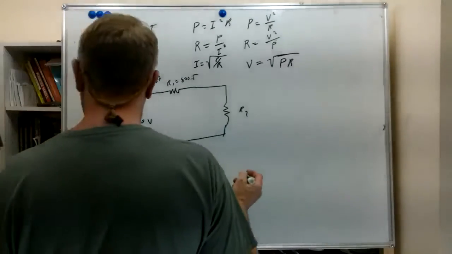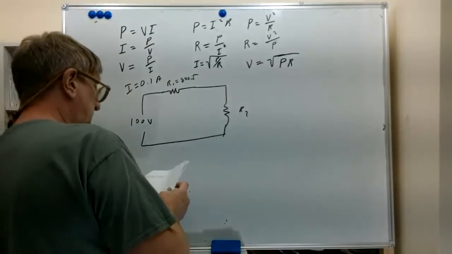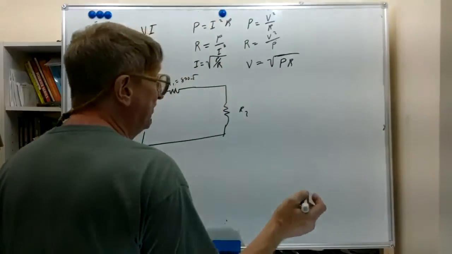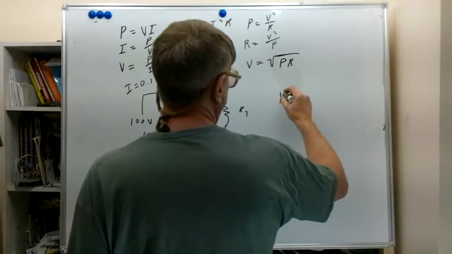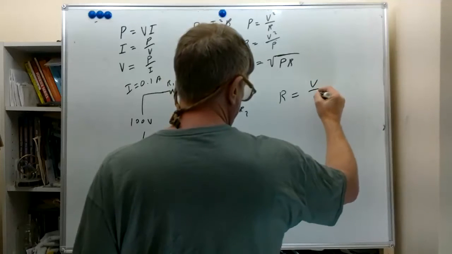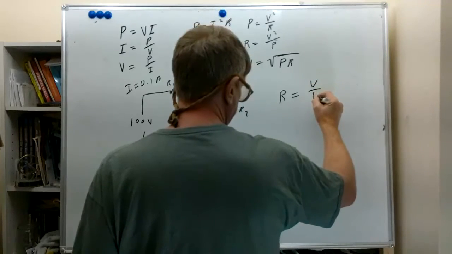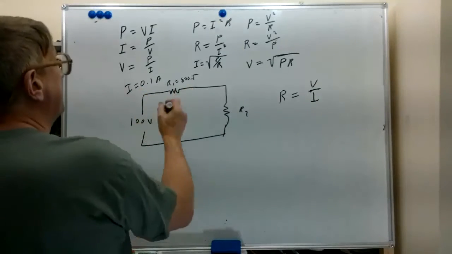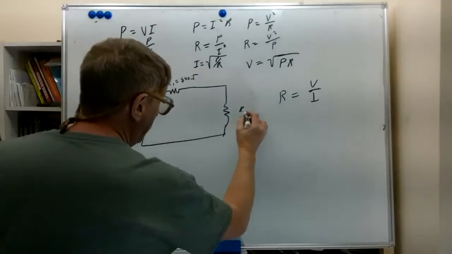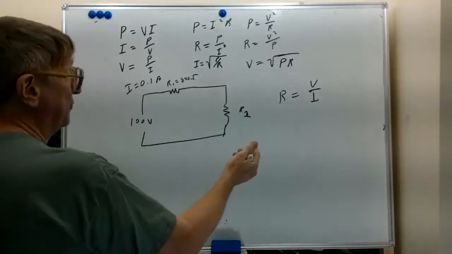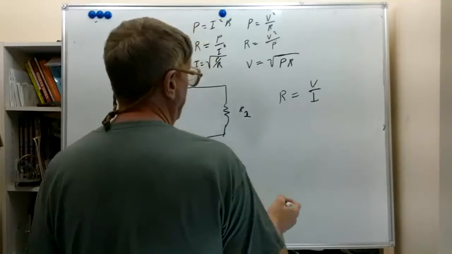Well, we need a total resistance. We have from Ohm's law, resistance equals voltage divided by current. We're given a current, we're given one resistor, we're given a voltage. We need to decide what value we need for this resistor R2. First, we need to know what we need for total resistance in the circuit.